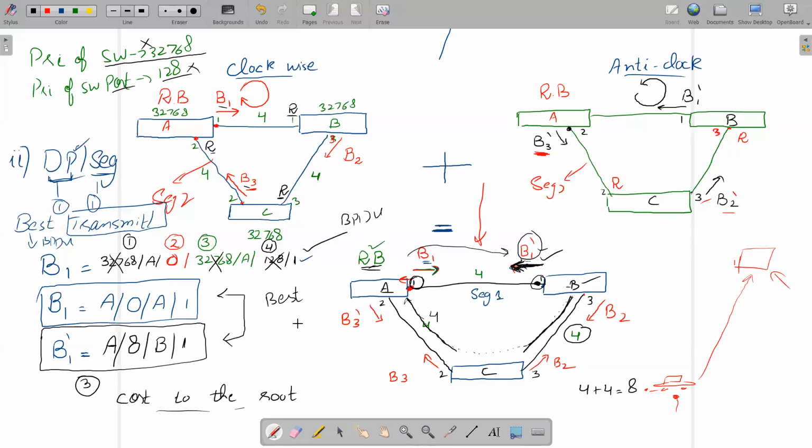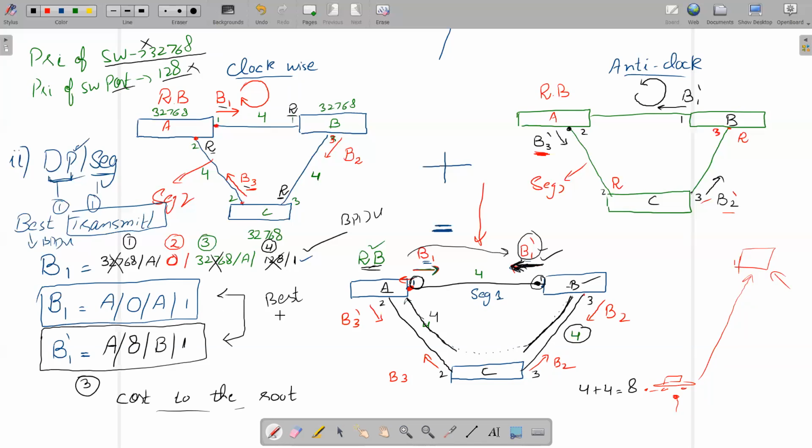The rest, guys, I'm waiting for your response. I think B1. Why are you not sure? Why do you think so? Cost less. Okay, fine. You are absolutely right.